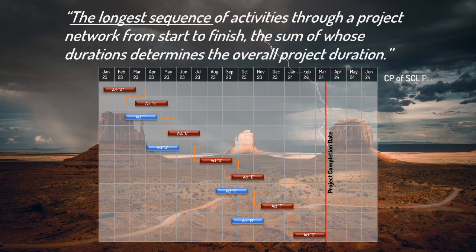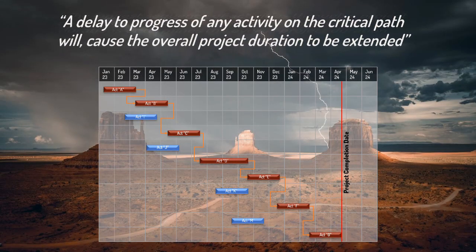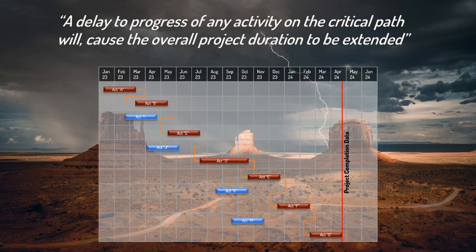The SCL Protocol 2017 defines critical path as the longest sequence of activities through a project network from start to finish, the sum of whose durations determines the overall project duration. In principle, a delay to progress of any activity on the critical path will cause the overall project duration to be extended and is therefore referred to as a critical delay.